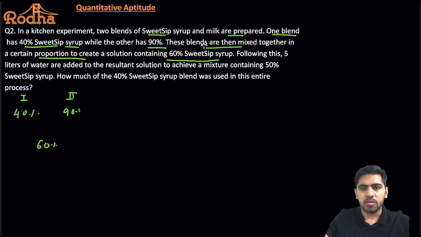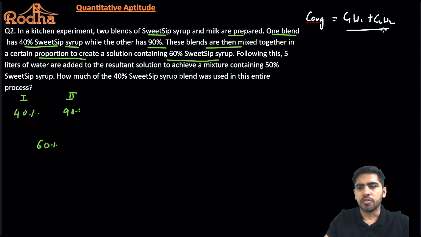So those of you who are not able to figure out why I am writing it like this, let us understand a bit over here. We know that weighted average, that is C average, is given by C1W1 plus C2W2 upon W1 plus W2, right?